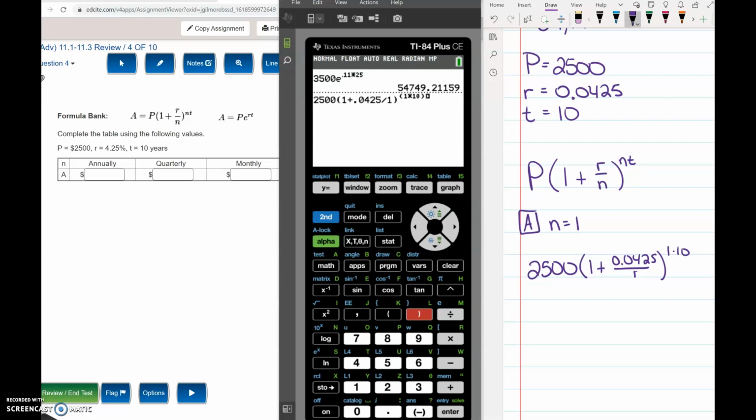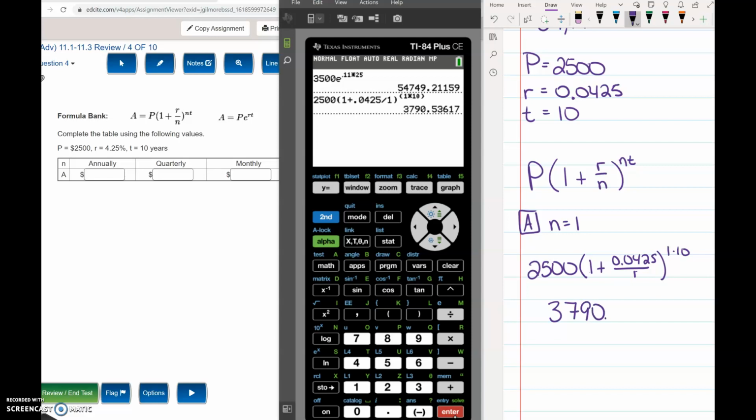Basically plug it in exactly as you read it. So 2,500 parentheses 1 plus your decimal divided by 1, close your parentheses, raised to the. I would strongly recommend that you put parentheses around your exponent as well. Now I know you can do 1 times 10 in your head, but if the numbers are bigger, put parentheses around your exponent.